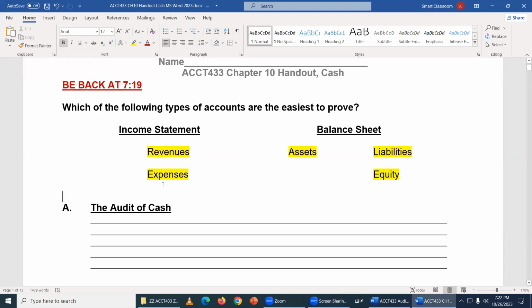It's actually kind of ingenious when you think about it, that every transaction you can think of, no matter how crazy it gets, can go into these 5 categories. Which one of those 5 would be the easiest to prove, do you think? I think the revenue and the expense.